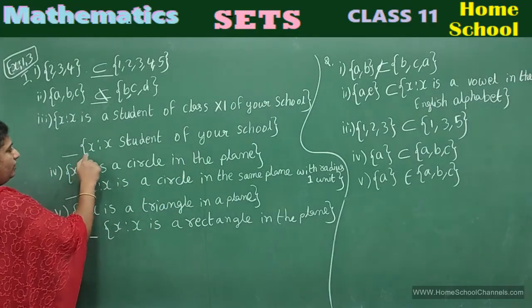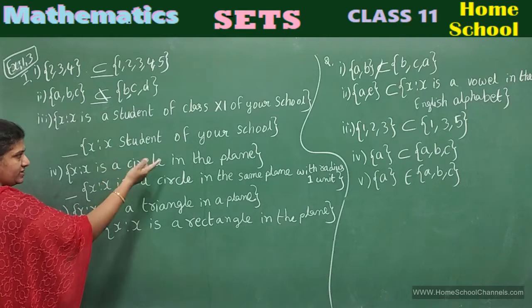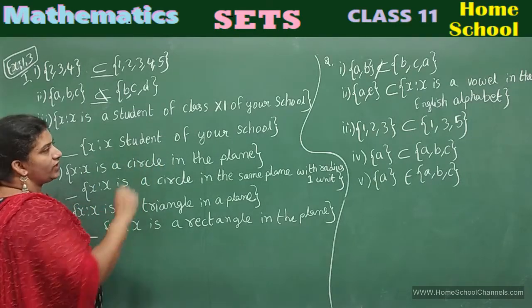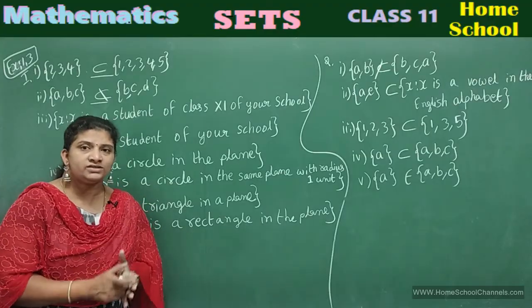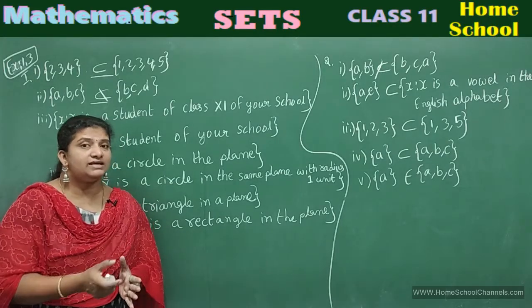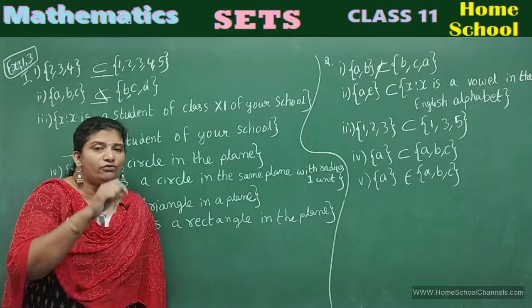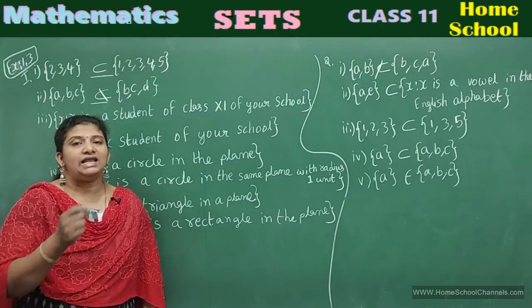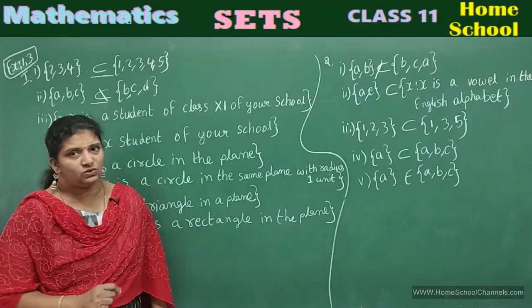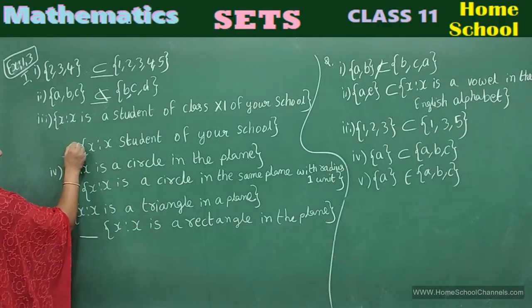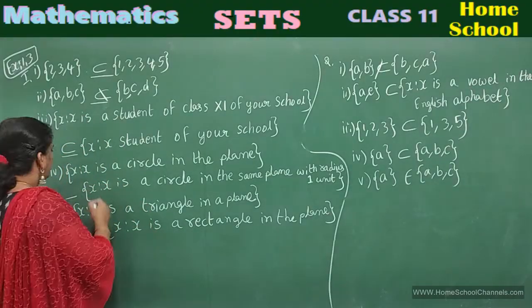How can I say? In your school, 11th class is also a part of your school, right? 11th students are also a subset of your school. Therefore, I can say it is a subset.